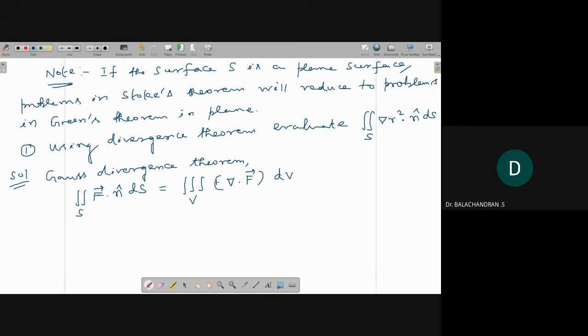So now we know this is the Gauss divergence theorem, but we should evaluate this. F vector equal to del r square.